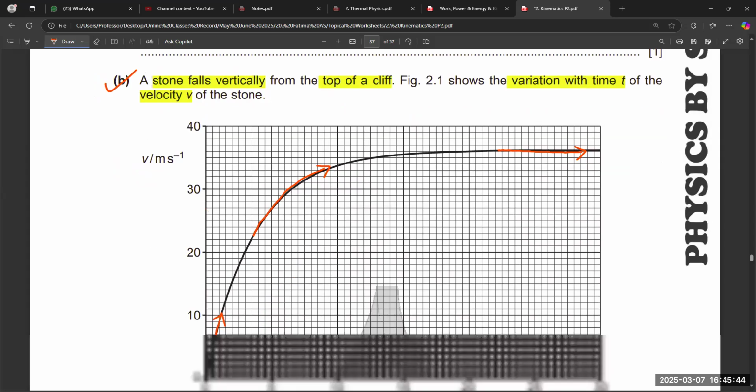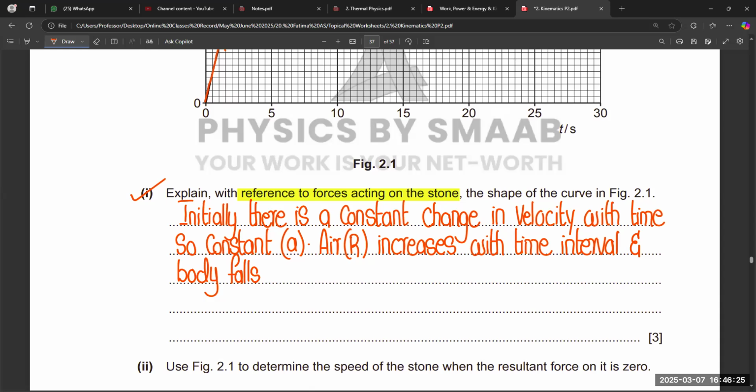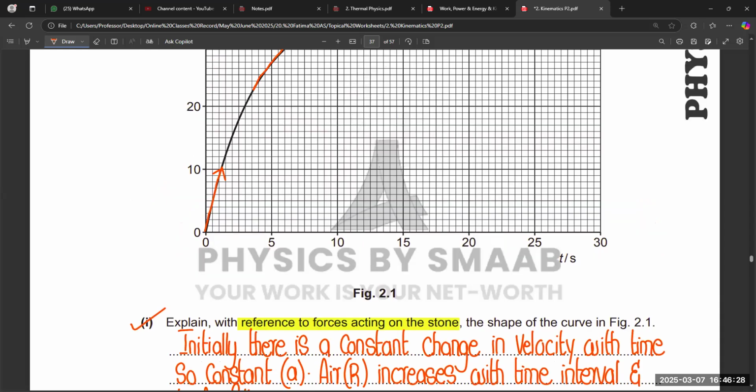So it means after some time, air resistance increases with time interval and the body falls with... Yes, we will mention terminal velocity in the last part.